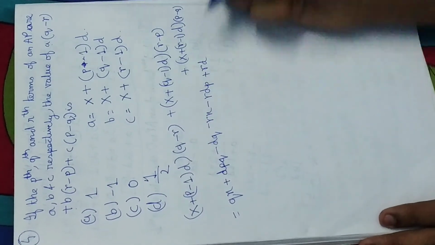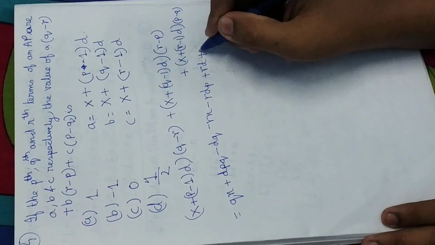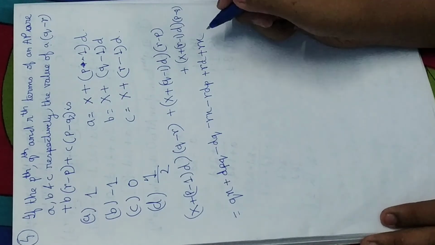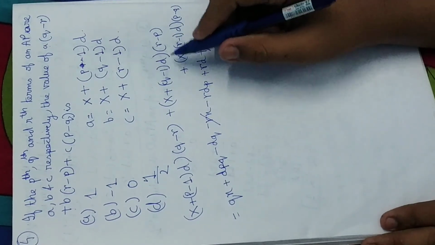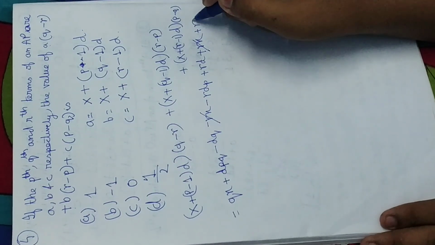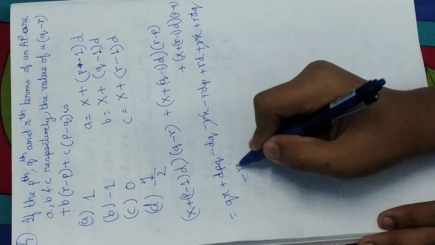Then minus rx minus rdp plus rd. Then the next line is rx. Plus rx and minus rx cancel, then plus rdq, then minus rd.